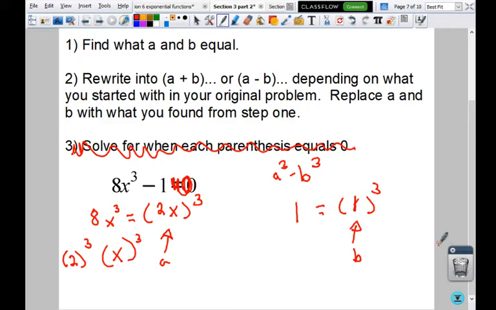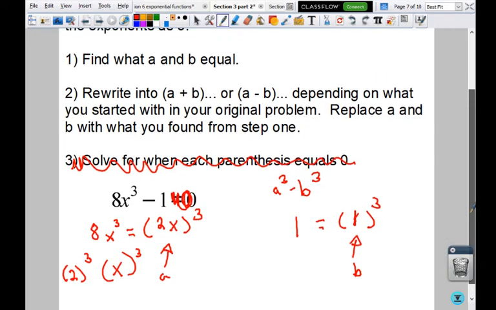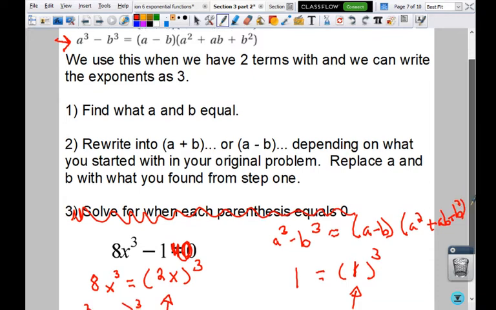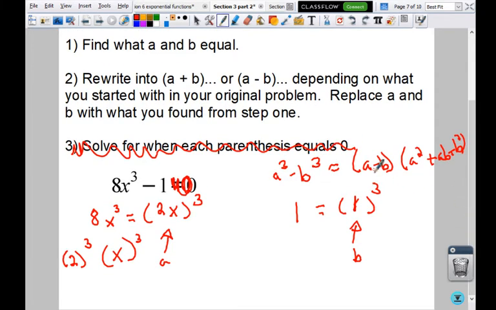And just like last time, I'm going to go up here and make sure I copy it down right. So this is going to equal a minus b, and then a squared plus ab plus b squared. That's the formula, right? I can't see them both, so I'm just writing it down real quick so I can see them both.